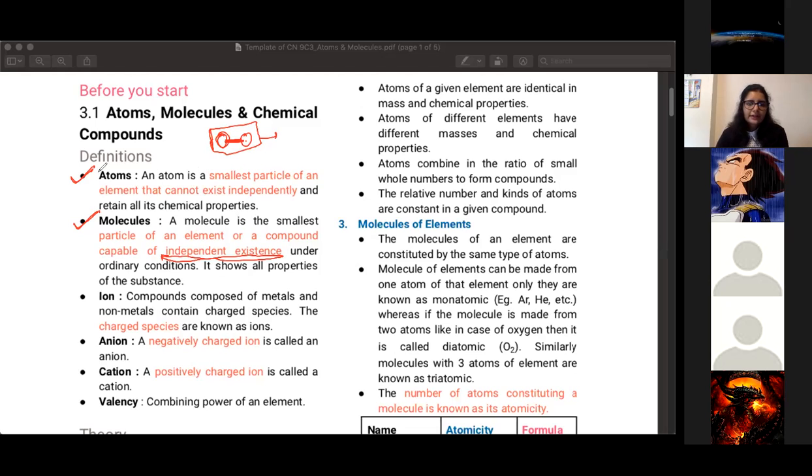So for atom, you can write: smallest particle that cannot exist independently and retains chemical properties. These two points should be there. Molecule: smallest particle of an element or compound capable of independent existence, shows all properties of the substance. And then you can add an additional point that molecules are formed when atoms are chemically combined with each other.